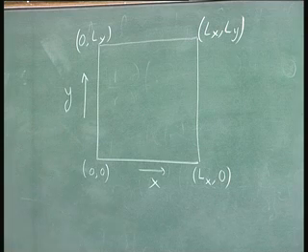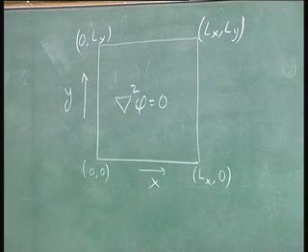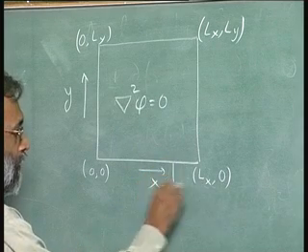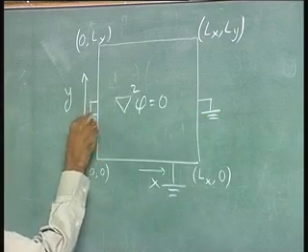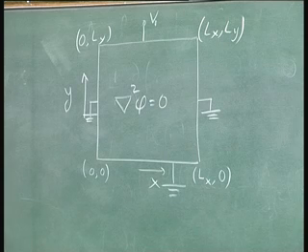Within this region, I have del squared phi equals 0, and 3 walls are grounded, and the 4th wall is held at some voltage V naught.